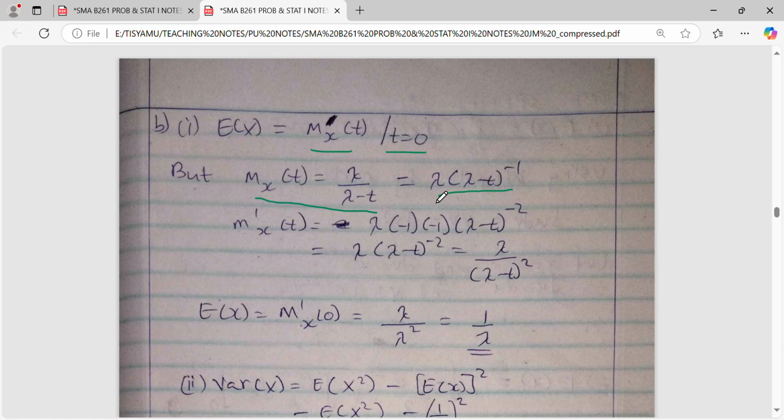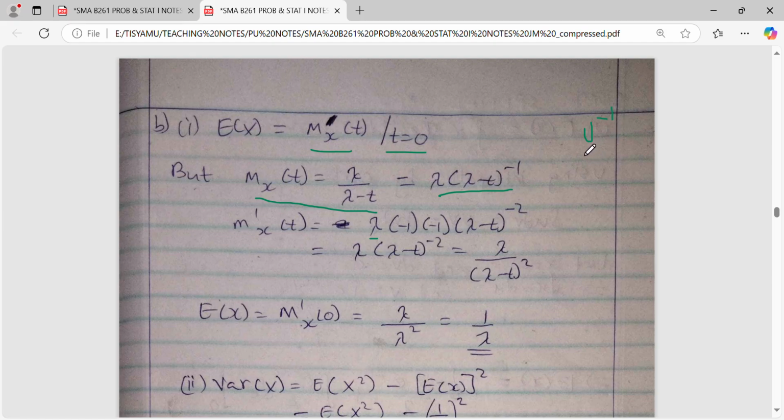The first term here is a constant, it does not involve t. Inside this bracket we have t. So we begin by letting whatever is inside this bracket be u. So we have u raised to negative 1.